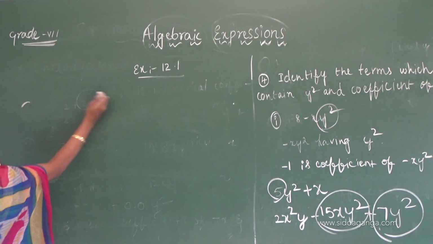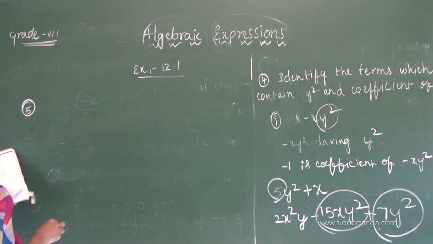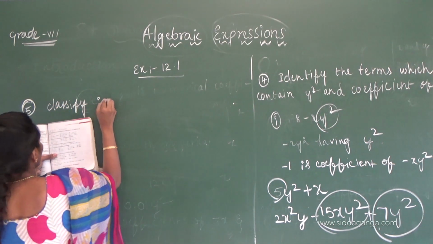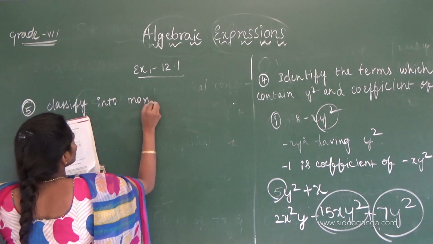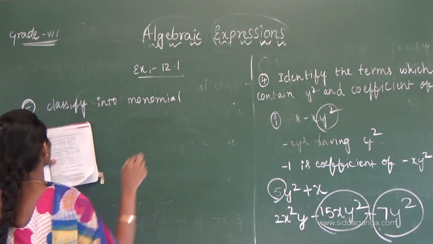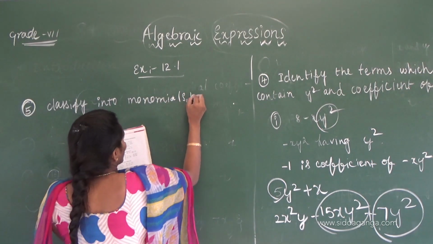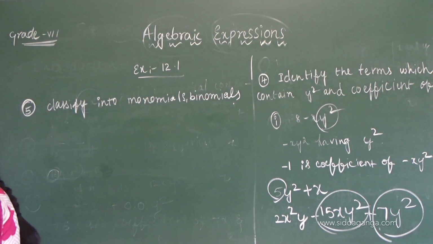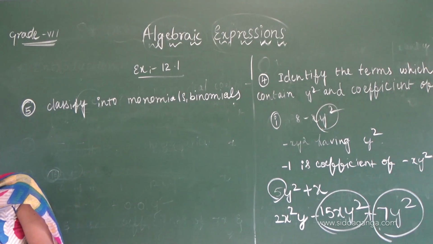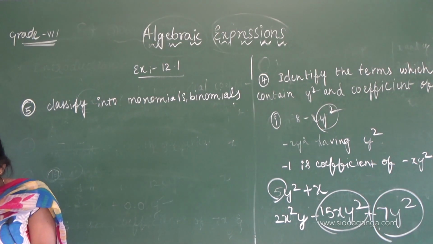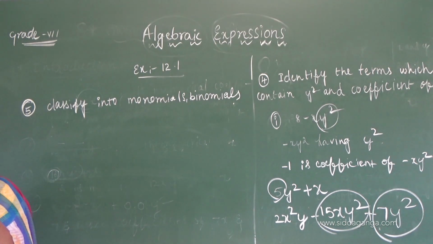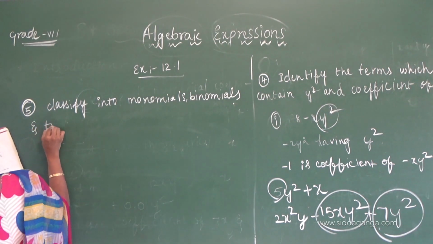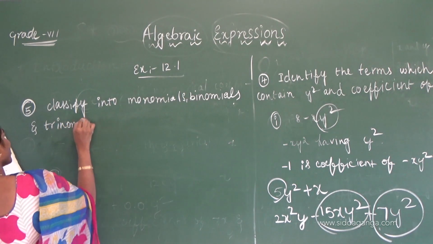And then fifth one, classify into monomials, binomials and trinomials. Here they are giving some algebraic expression.